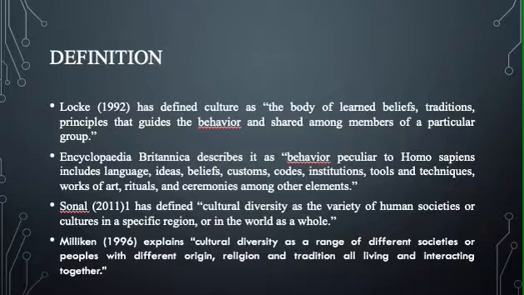Encyclopedia Britannica described it as behavior peculiar to Homo sapiens, which includes language, ideas, beliefs, customs, codes, institutions, tools and techniques, works of art, rituals, and ceremonies, among other elements. So it is very vast, and it includes lots of human activities.